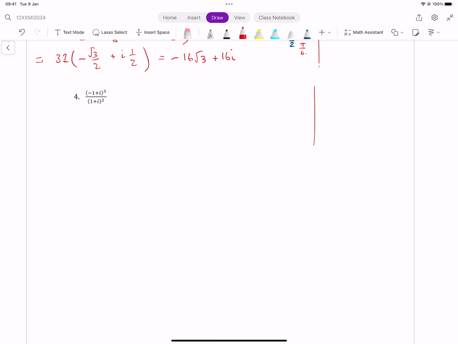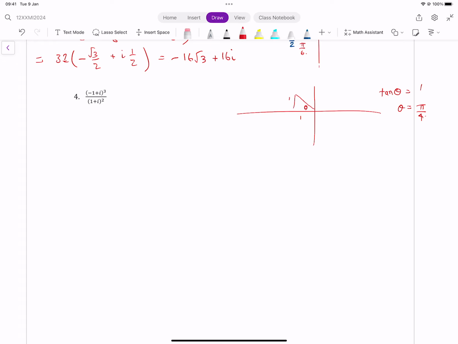So if we draw two cute little diagrams here, minus 1 plus i, you might already have memorized that this is going to be root 2 cis of 3 pi on 4. So theta goes there, 1 goes here and 1 goes there. Tan of theta is going to be 1, so theta is pi on 4.